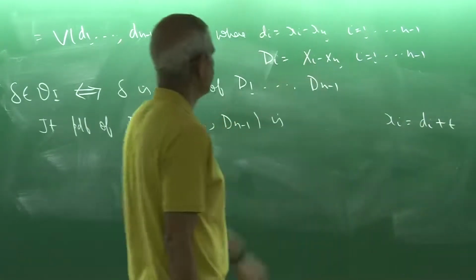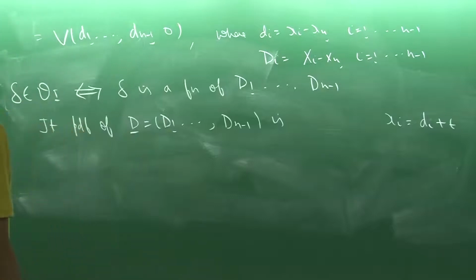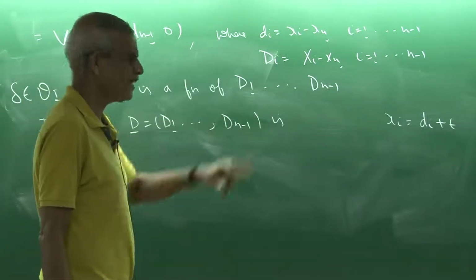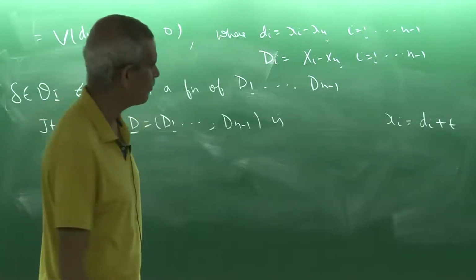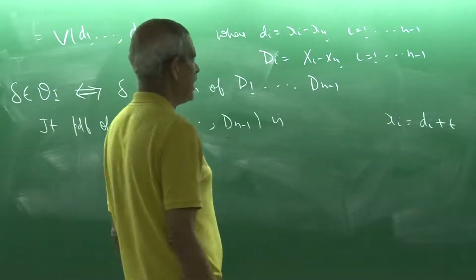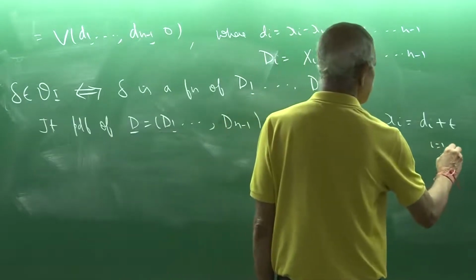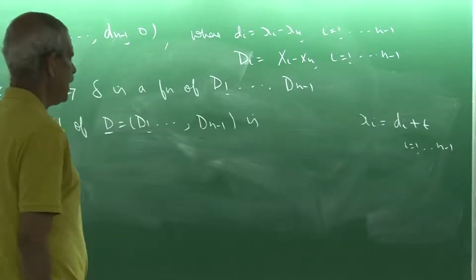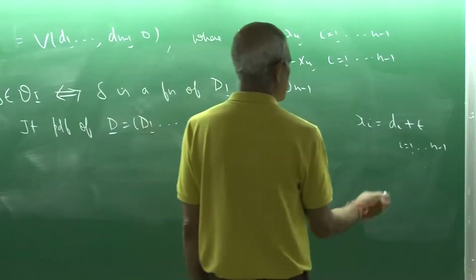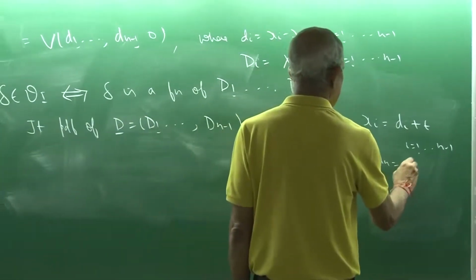So first I try to find out the joint PDF of d1, d2, ..., dn minus 1 and xn, and then I integrate out the unwanted variable xn. So xi is di plus t, i equal to 1 to n minus 1, and xn is nothing but t.